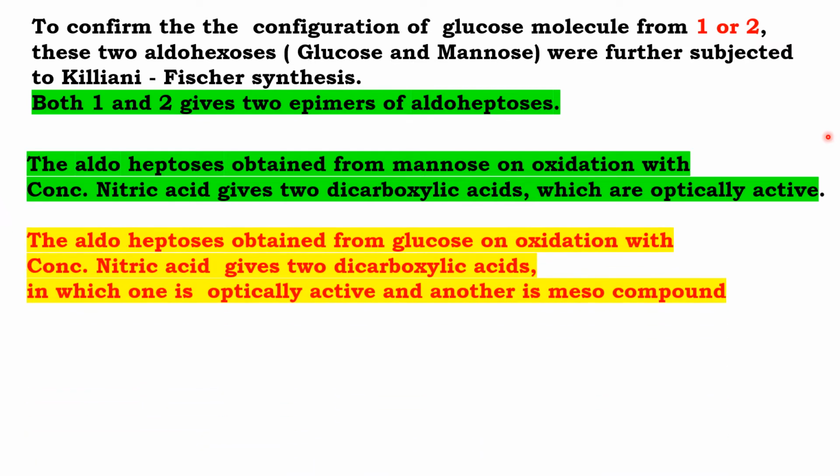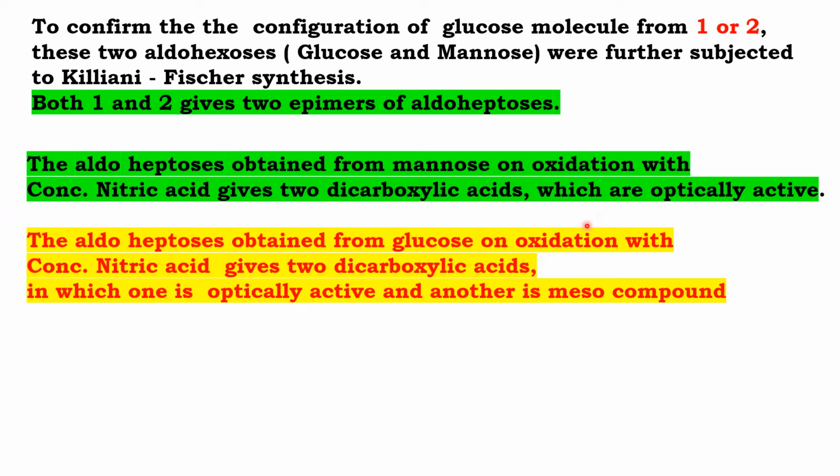Now, we have experimentally proved that the aldoheptoses obtained from mannose, on oxidation with concentrated nitric acid, give 2 dicarboxylic acids, which are optically active.